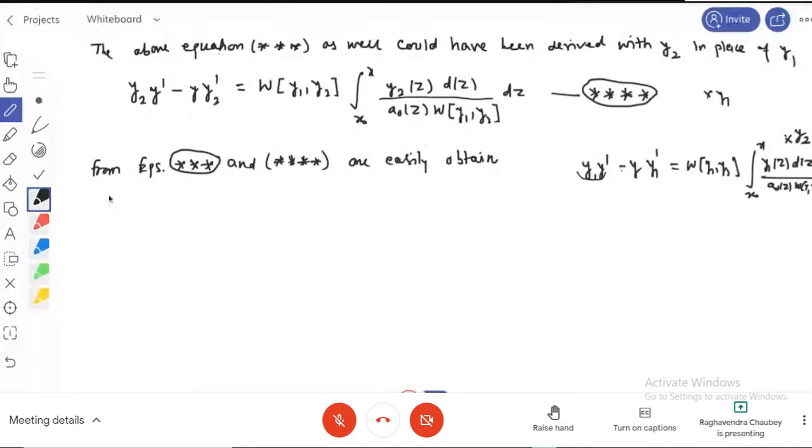Okay, so this means you can write here from y2 into this 3 star equation minus y1 of this, multiply कर रहे हैं आप 4 star में. Okay, so you can find if we multiply and then subtract, you can get here this is y.